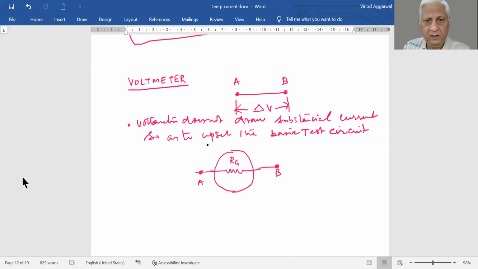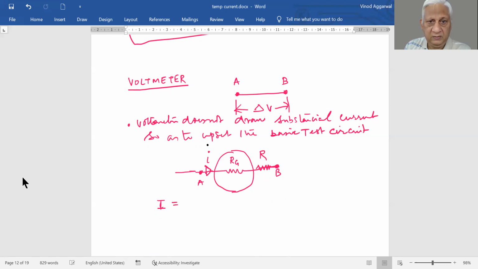What we do is attach a very high resistance in series. Now what will happen? This is the current, and this current will be drawn out of the test circuit.